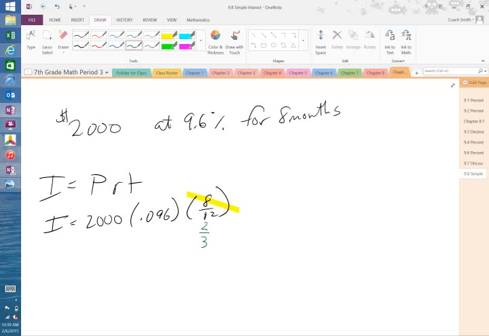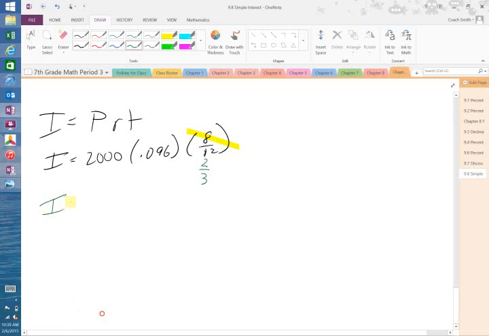So when I have a fraction in the formula, I take it times my whole number first. In other words, interest is equal to 2,000 times 2/3 times 0.096. That doesn't necessarily mean I won't have to do some other work, but at least this way, maybe it's a little easier.